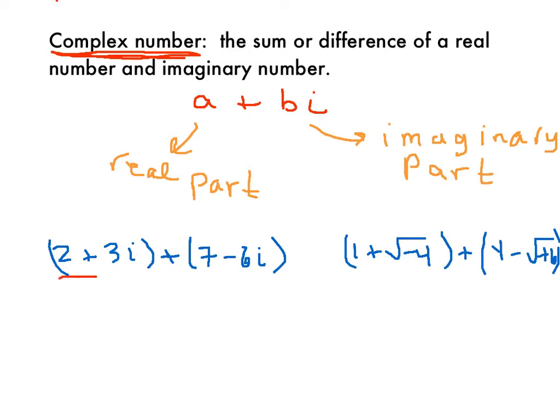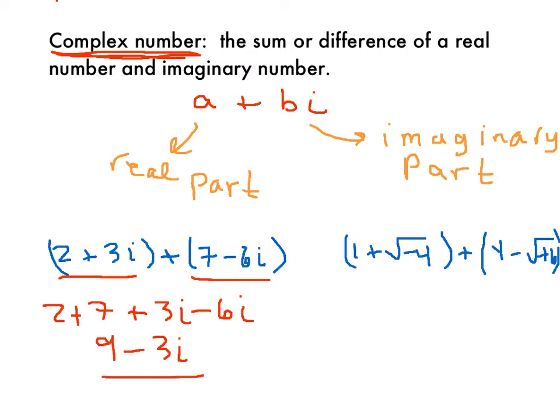So if I asked you to sum the complex numbers 2 plus 3i and 7 minus 6i, this would be 2 plus 7 over here, and we would also have plus 3i minus 6i, which we can see is just 9 minus 3i. And that's it. I wouldn't ask you to factor that.